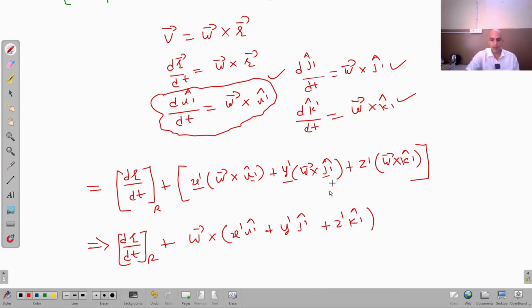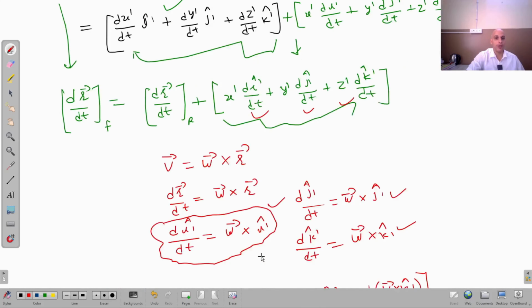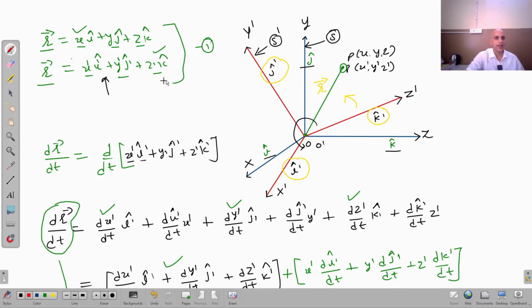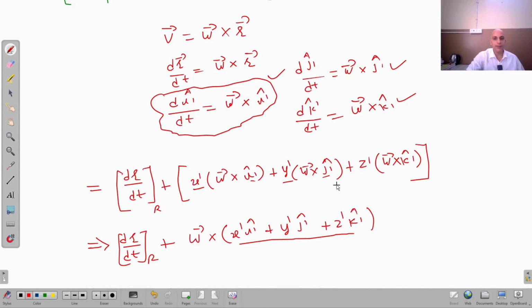Now, what is x dash i dash plus y dash j dash? It is basically the position vector with respect to the rotating observer that I have written here, right? So I can replace it with r, but we have to remember that this is the position vector with respect to the rotating observer.